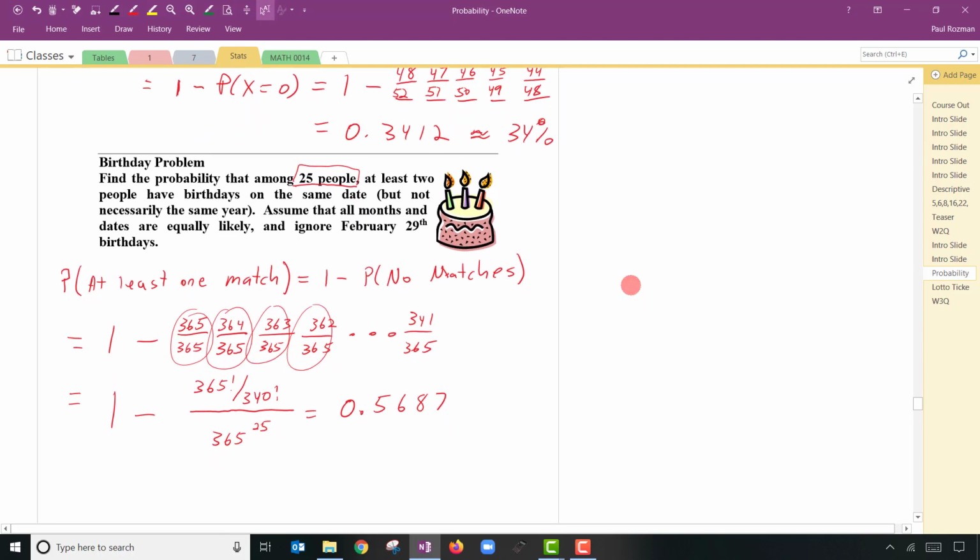So this is a great example of using the complement to simplify something. And it's also a great example of how hard probability can be, in that I really didn't expect the number to be that high. So the number sense part can really make things hard for this stuff.